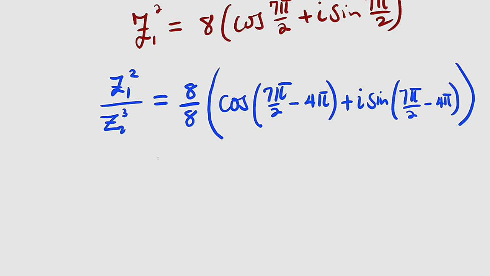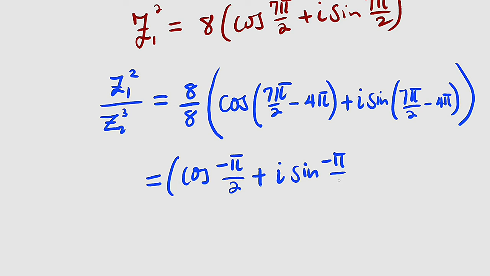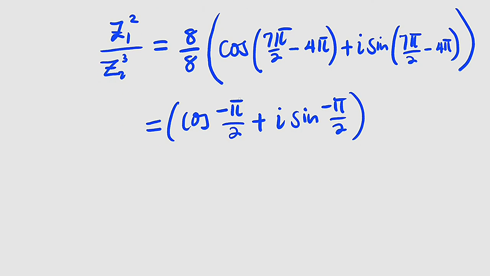8 divided by 8 is 1, so we only have cosine of 2 multiplied by 4 is 8. 7 minus 8 is negative 1, so we have negative pi divided by 2 here. Then plus I multiplied by sine of negative pi divided by 2. Now let us evaluate this. Remember, this is what? 270 degrees, right? Or what? 3 pi divided by 2.